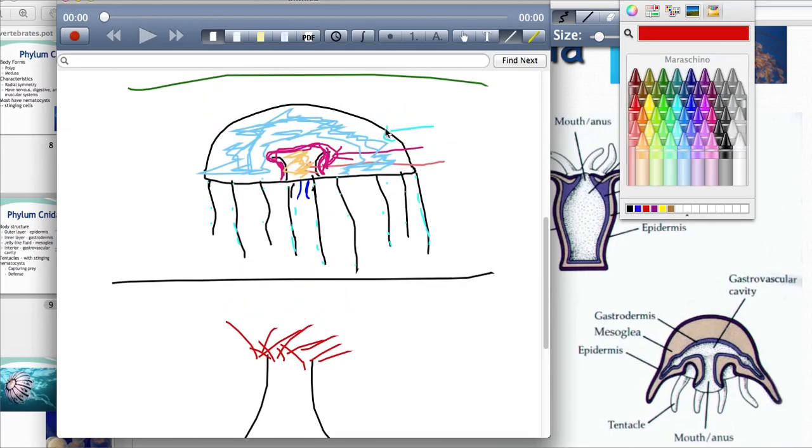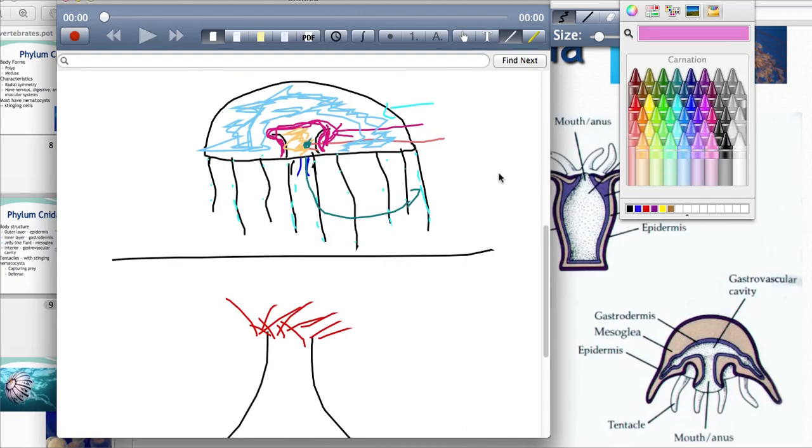When a jellyfish goes through reproduction, it releases sperm out of the gut. So it travels out of the gut, and it goes into another jellyfish's female gut, all right? And then that fertilizes her egg, and I'll draw an egg here.